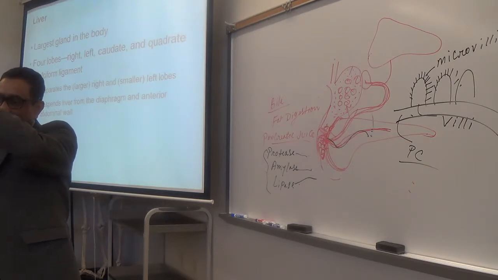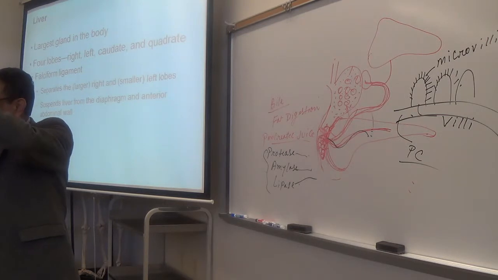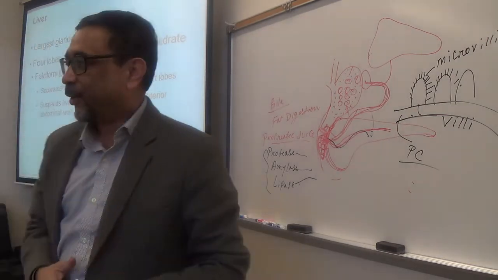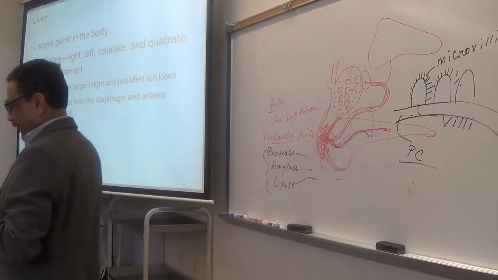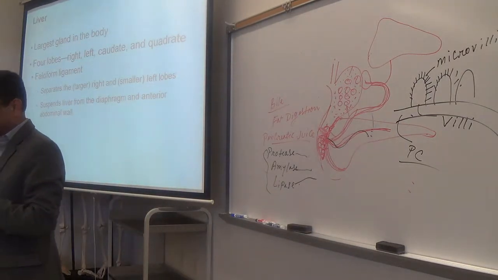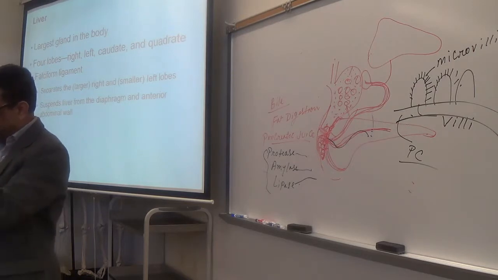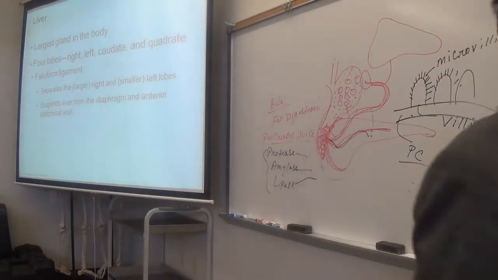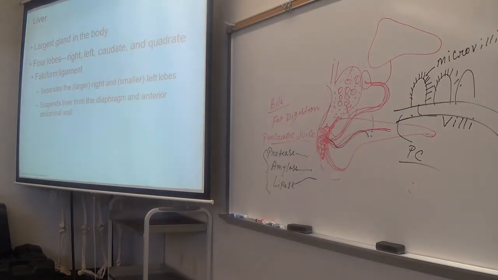So acid content will be separated from the wall. It is a protection. Now if this layer is destroyed, then acid will destroy the wall and make a lesion. That will cause ulcer. So that mucus layer is important.